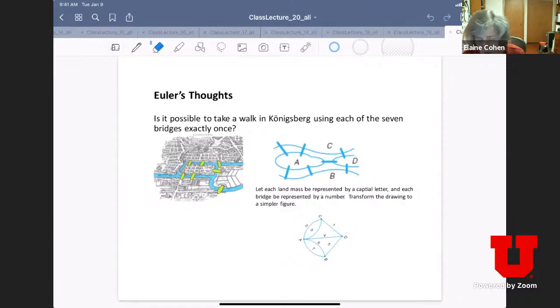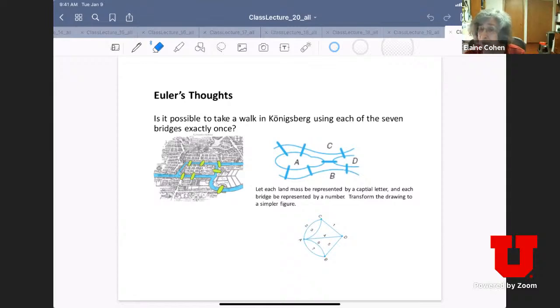Okay, so graph theory sort of arose from a problem. Euler is a very famous Swiss mathematician. And he pondered the thought one time that he was in the village of Königsberg. And Königsberg is divided into 4 different land masses separated by this river.